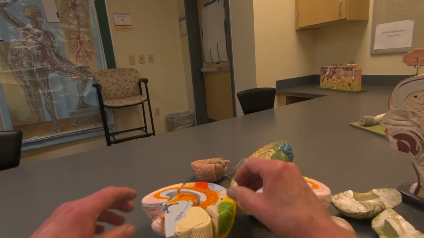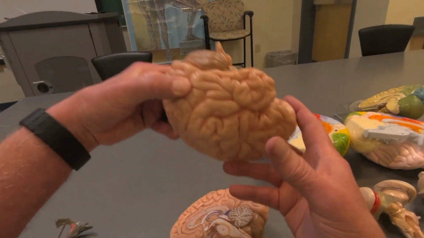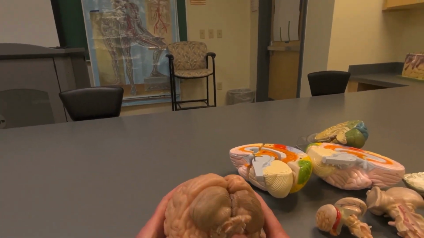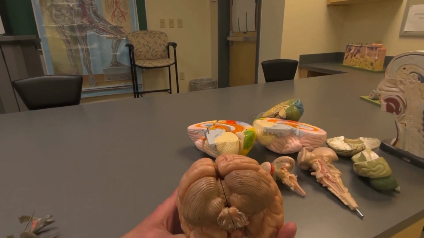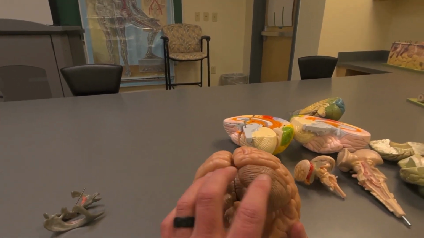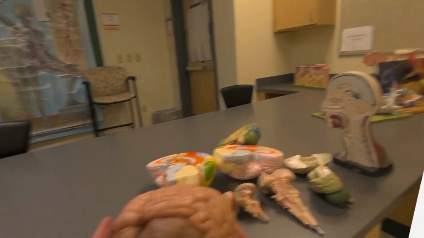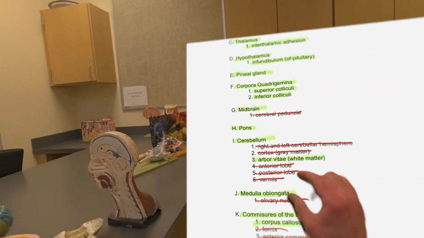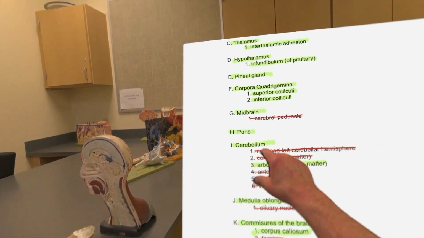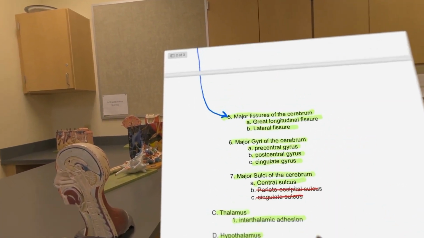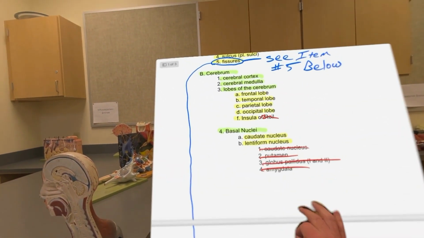This model, really, really good for cerebellum. As we take a look at the cerebellum, that is this little brown dude back here. So this is the cerebellum, and the thing to notice as you look at cerebellum is the word cerebellum. Let's scroll back up here again and look at cerebrum.